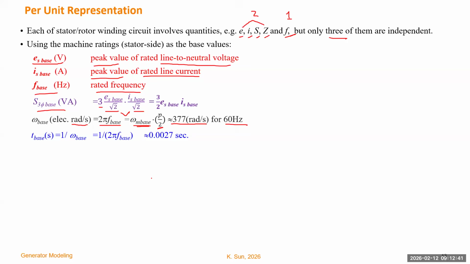Next one is new to most of you. We also need to define the base for time. You may wonder, why do we want the base value for time? Can we just use the time always in seconds? Yes, you definitely can, but that will make some of the equations we'll see later more complex.